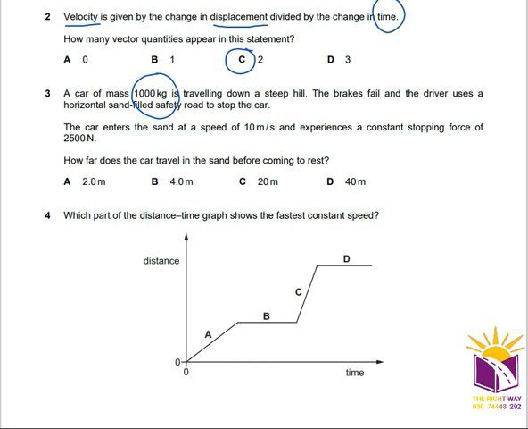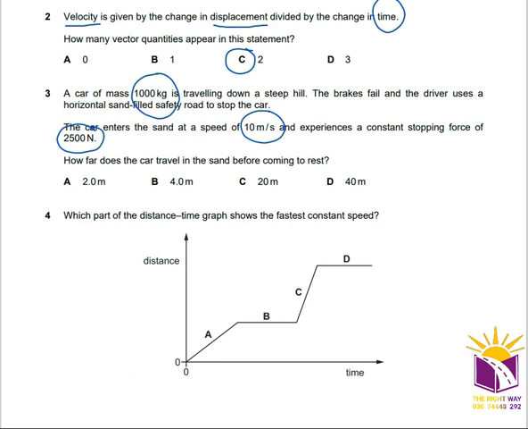The car enters at a speed of 10 meters per second, the speed at which the car enters the safety road, and experiences a constant force of 2500 Newton. So the backward force is 2500 Newton that will do the work done on the car to make it come to rest. How far does the car travel in the sand before coming to rest?